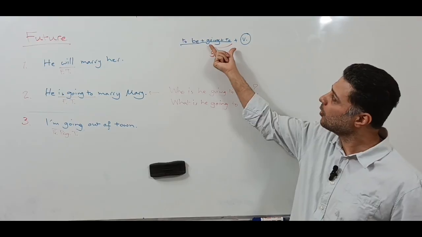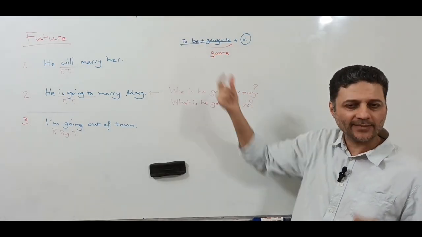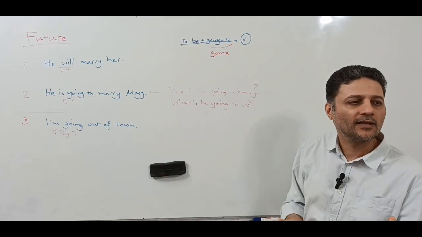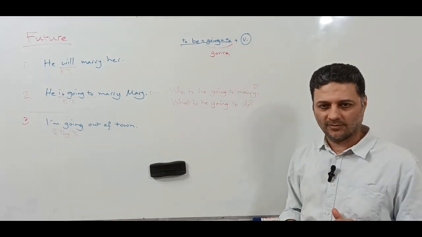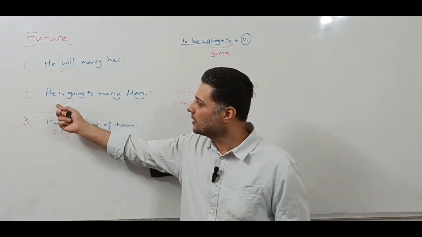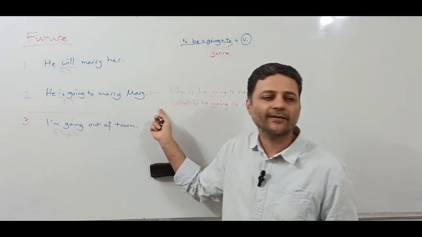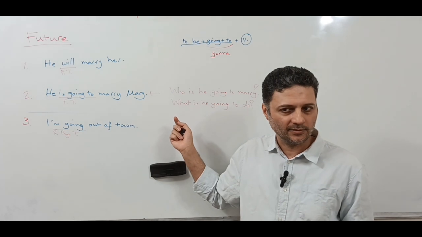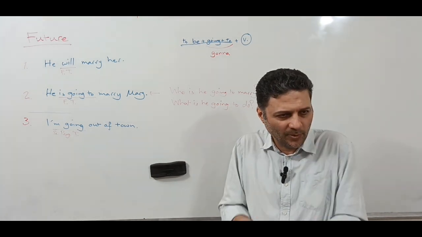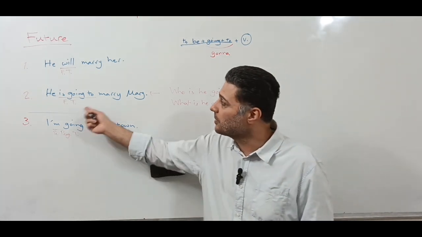Normally this part, going to, is pronounced gonna in fast speech. For example, he's going to marry her, or he's gonna marry her. This is the fast speech. He's gonna marry her.